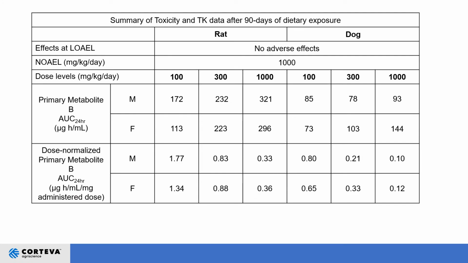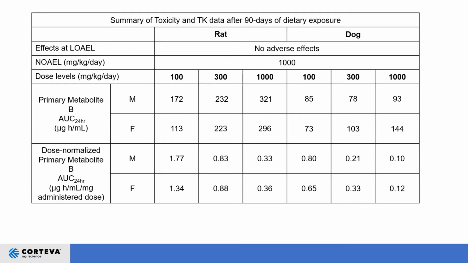For the herbicide case example, a summary of rat and dog TK and toxicity data revealed the following. There are no observed adverse effects after 90 days of dietary exposure in either species. The NOAEL is 1,000 mg per kilogram per day for both rat and dog.